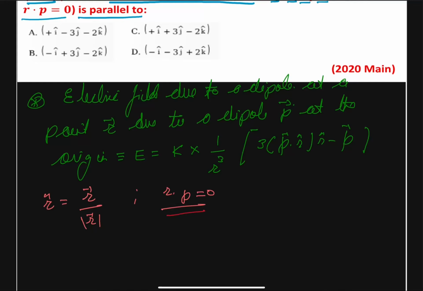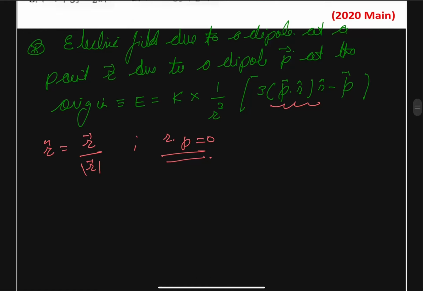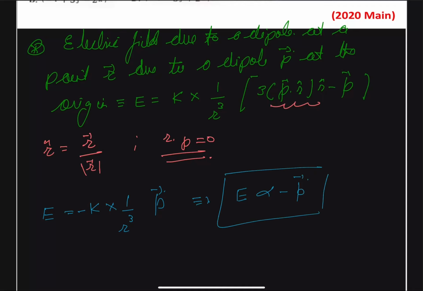Therefore, we substitute here, and our electric field E will be equal to K multiplied by 1 by R cube, with a minus, and then the dipole moment. So obviously from here we can say that the electric field is proportional to the negative of the dipole moment, and we need only the direction.